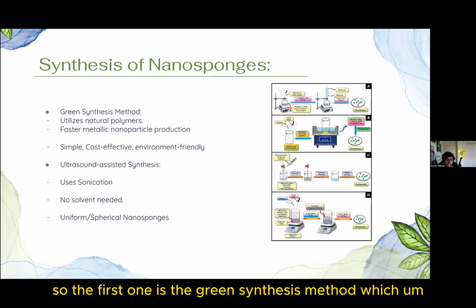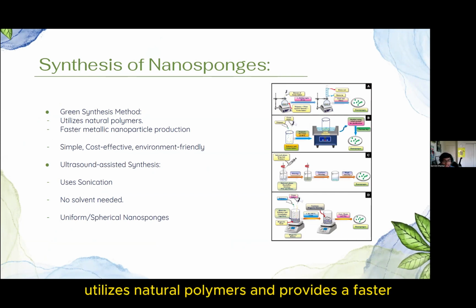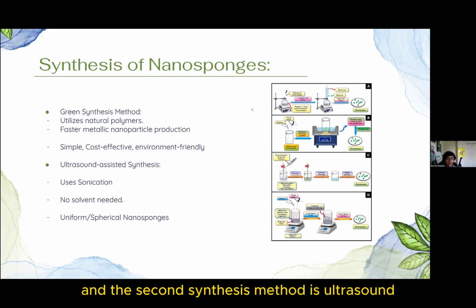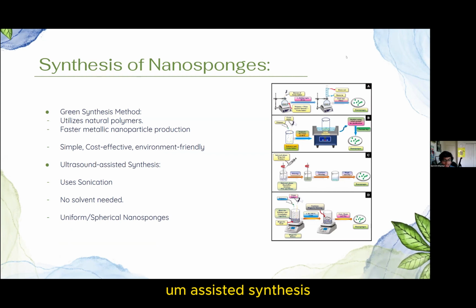So the first one is the green synthesis method, which utilizes natural polymers and provides a faster metallic nanoparticle production by offering an environmentally friendly, simple, and economical approach. And the second synthesis method is ultrasound assisted synthesis.